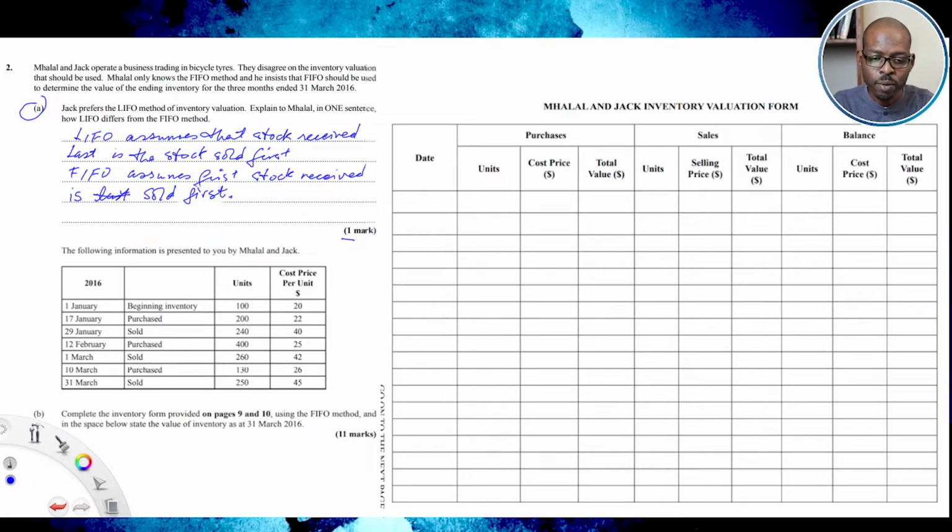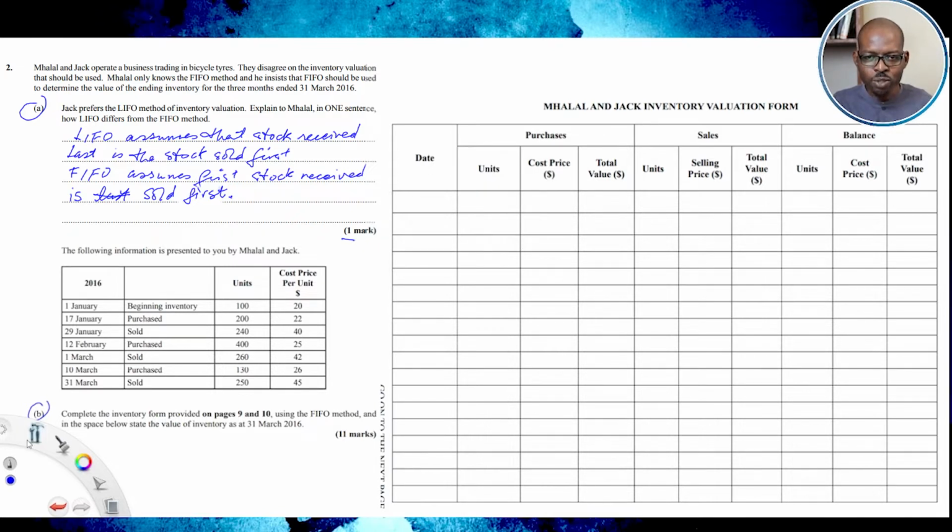On to the second part of the question. Once again, the rule is to look at the requirement. B says, complete the inventory form provided on pages 9 and 10 using Fifo method, and in the space below, state the value of inventory as at 31st March 2016.